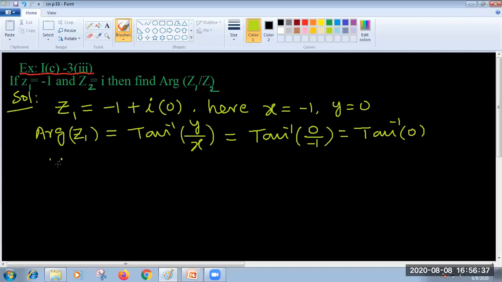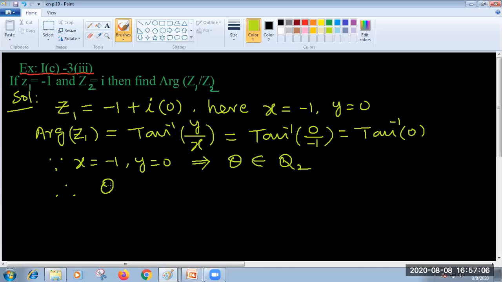So since the x value is minus 1 and the y value is 0, this implies theta belongs to the second quadrant. So we have to find the angle such that it belongs to the second quadrant. Tan 0 is 0, but you cannot take 0.